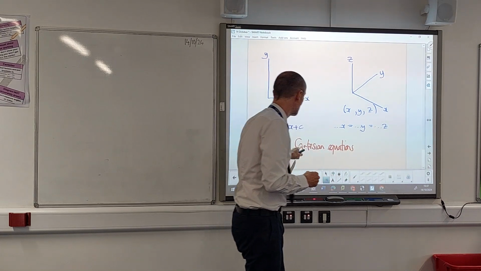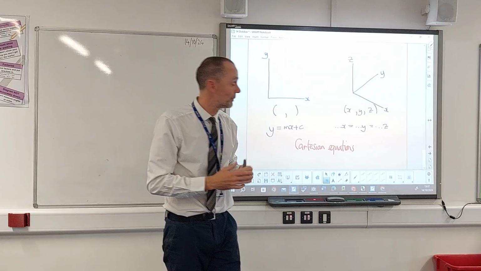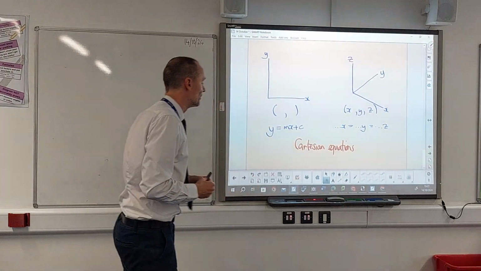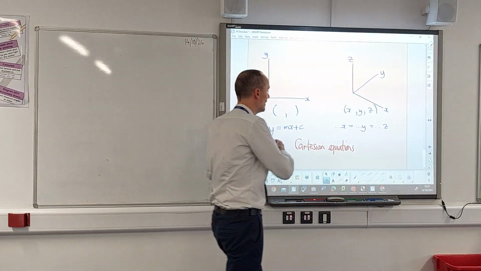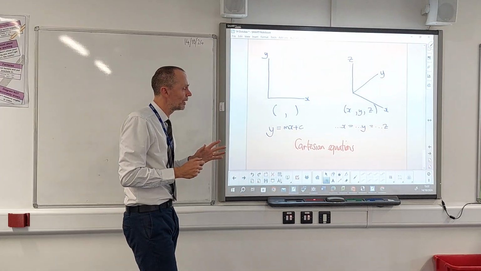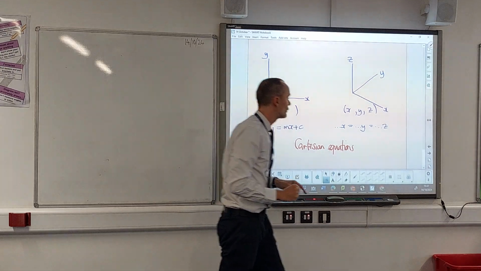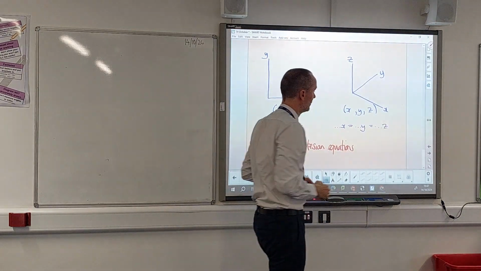Cartesian is a word that comes from the guy that thought it up, and that was Descartes. So Descartes was the first person to sort of describe lines in this way. So a Cartesian equation describes the relationship between, in 2 dimensions, these 2 numbers, and in 3 dimensions, these 3 numbers.